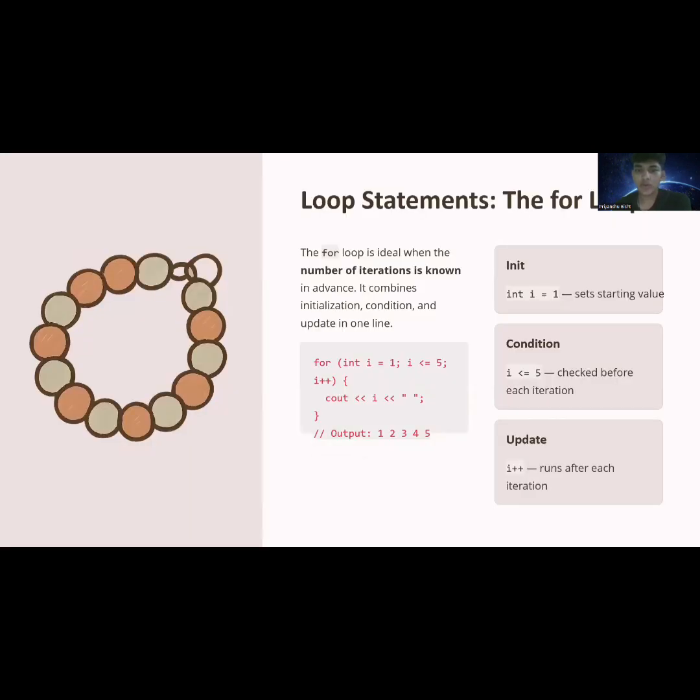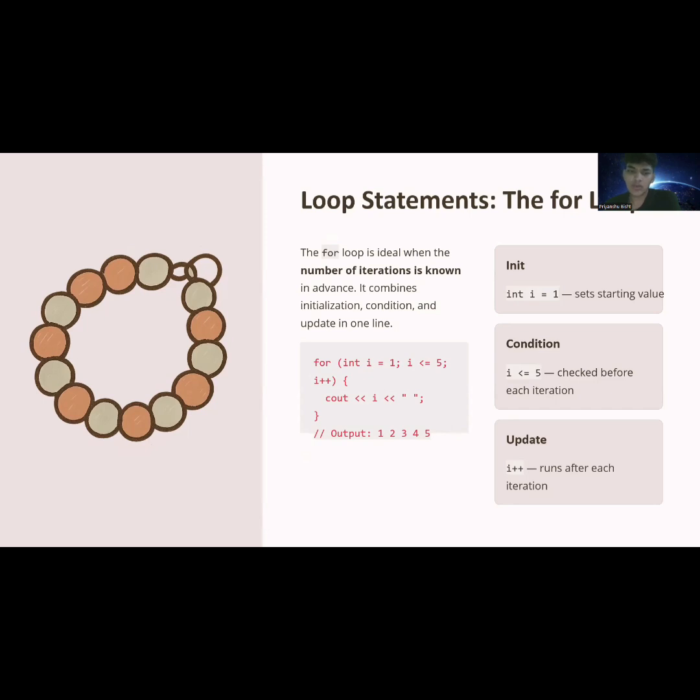Now let's move to the loops, the for loop. The for loop is used when we already know how many times we want to repeat something. It has three parts: initialization, condition, and update.